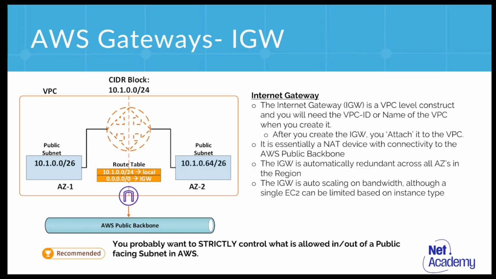Real quick, let's talk about some nomenclature which comes around a lot with internet gateways, and that's the concept of public and private subnets. We'll define private subnets in the next slide. The public subnets are where all your servers and services are going to go if the internet is allowed to initiate connections into those servers or services, right?